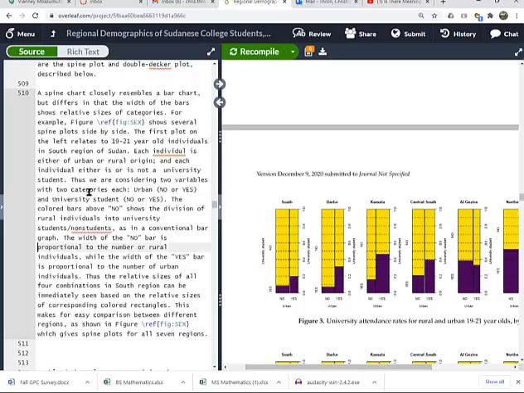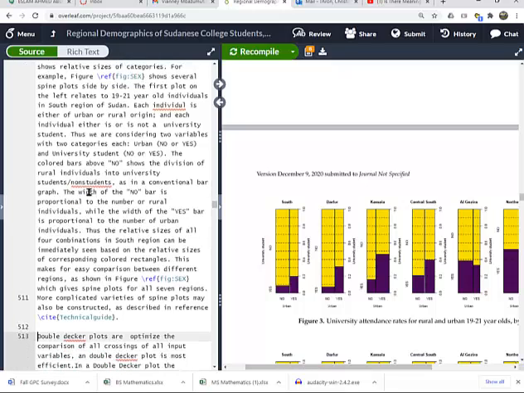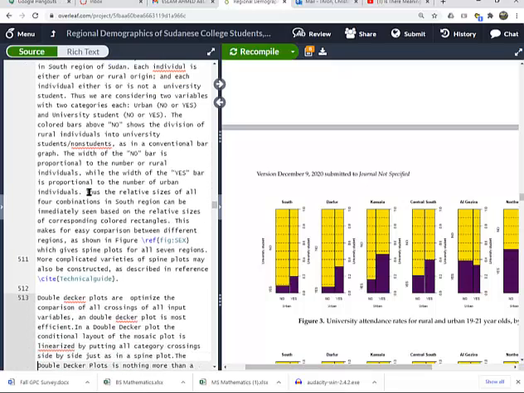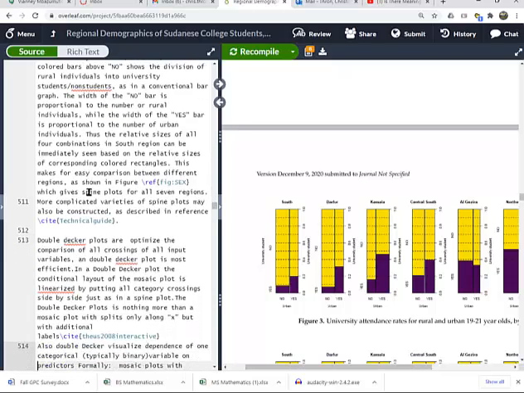You can say more complicated varieties of spine plots may also be constructed as described in the reference. Now, again, you need to relate double-decker plots to something that you already have.